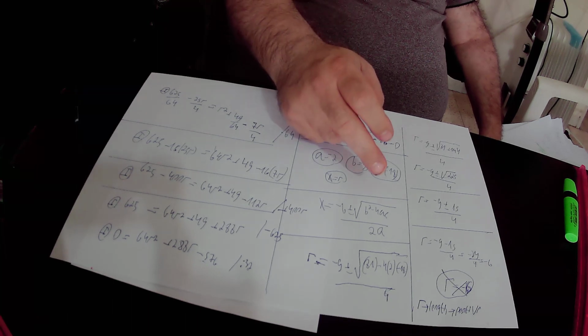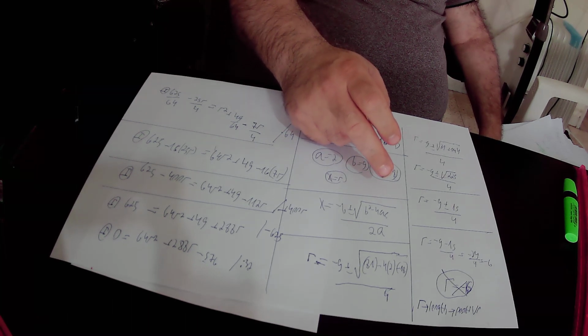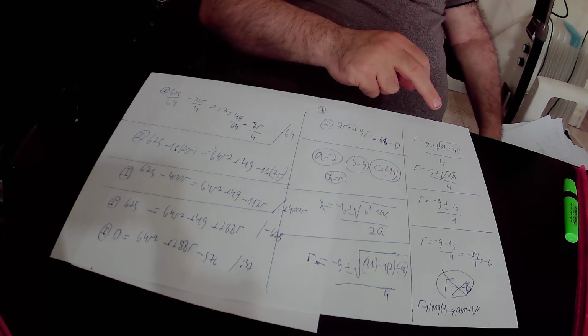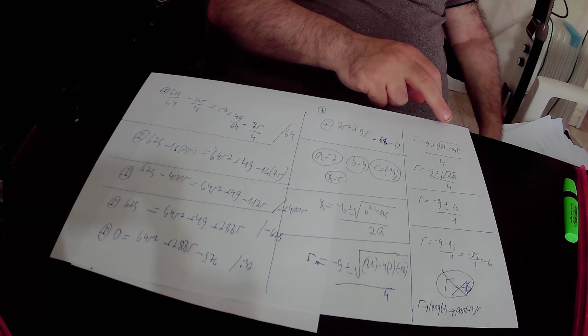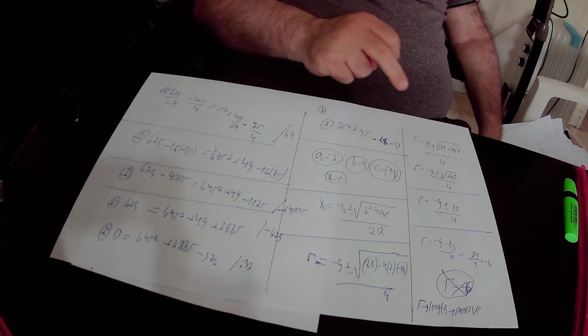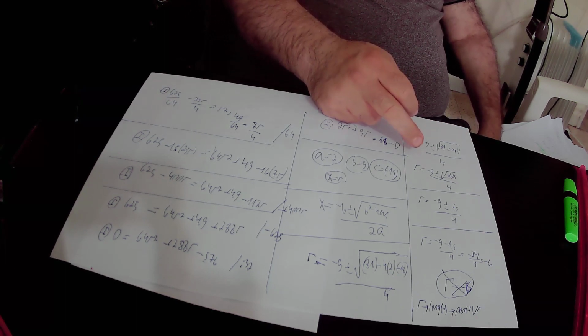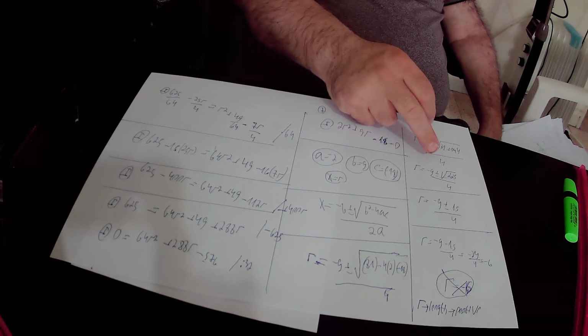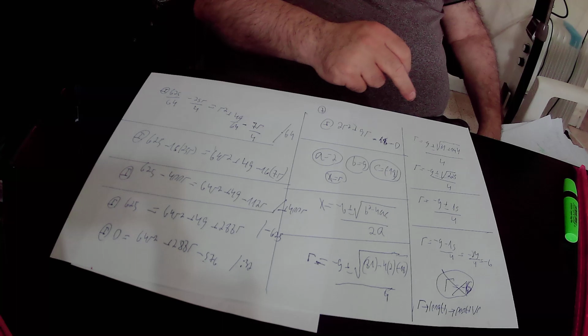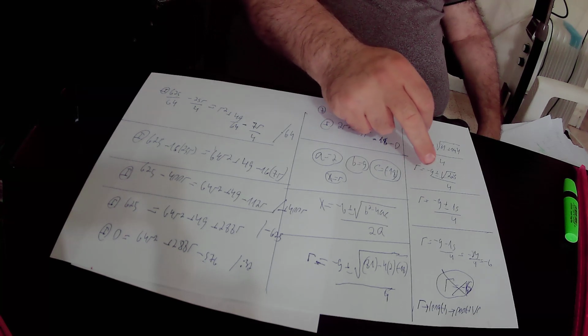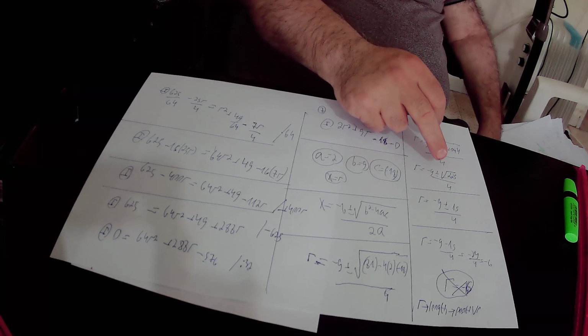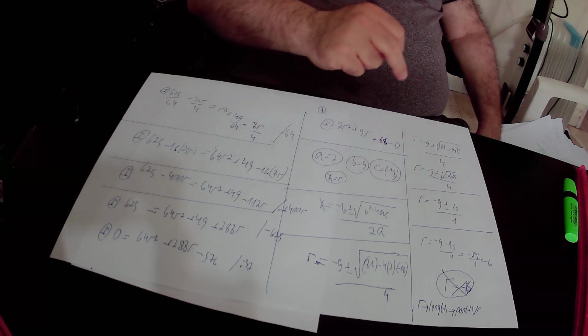Here we have minus 4 times 2 is minus 8, and minus 8 times minus 18 is plus 144. So inside the root we are left only with 81 plus 144, divided by 4. So r equals minus 9 plus minus the square root of 81 plus 144 is 225, divided by 4. So r equals minus 9 plus minus, the square root of 225 is 15, over 4.